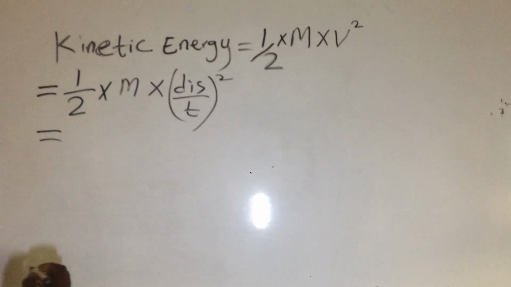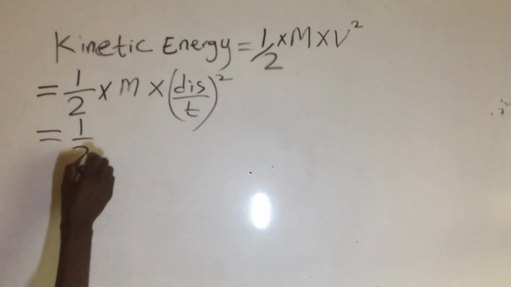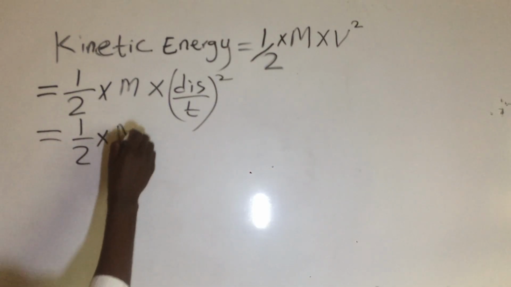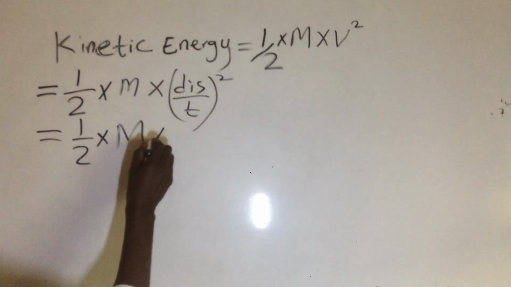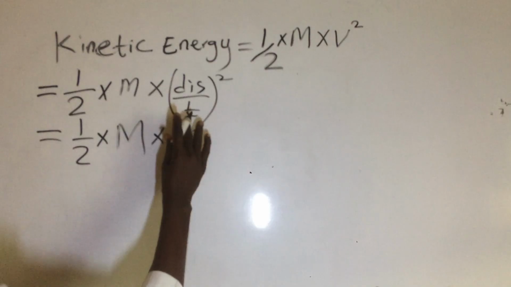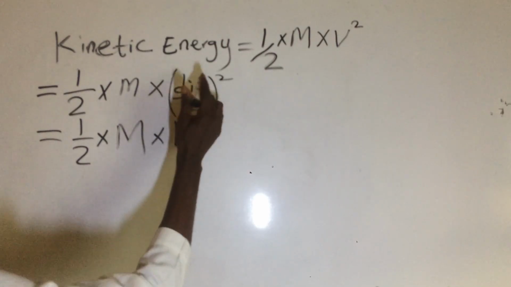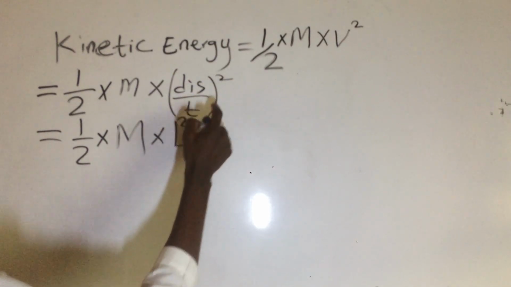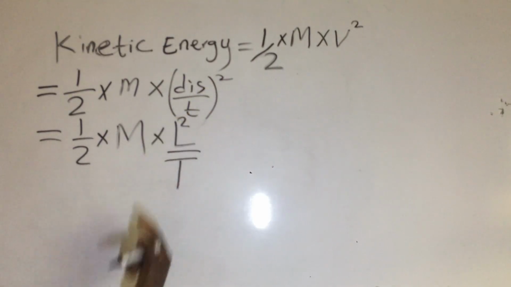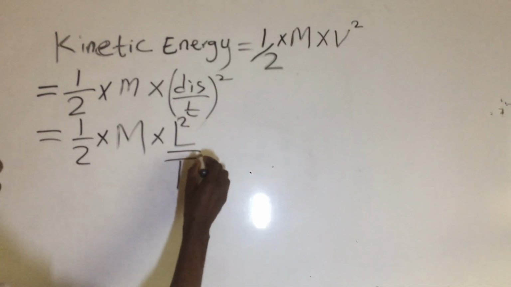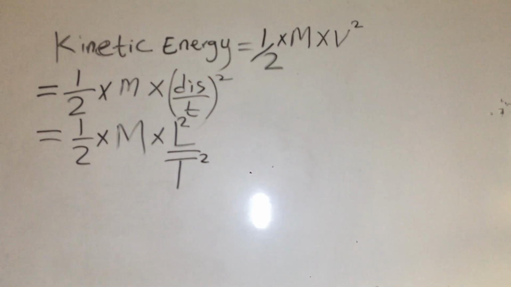The dimension of kinetic energy will now become half times capital M for the dimension of mass times capital L for the dimension of distance, which I'm going to square because of the 2 here, all over capital T for the dimension of time, which I will also square for this square here, okay?